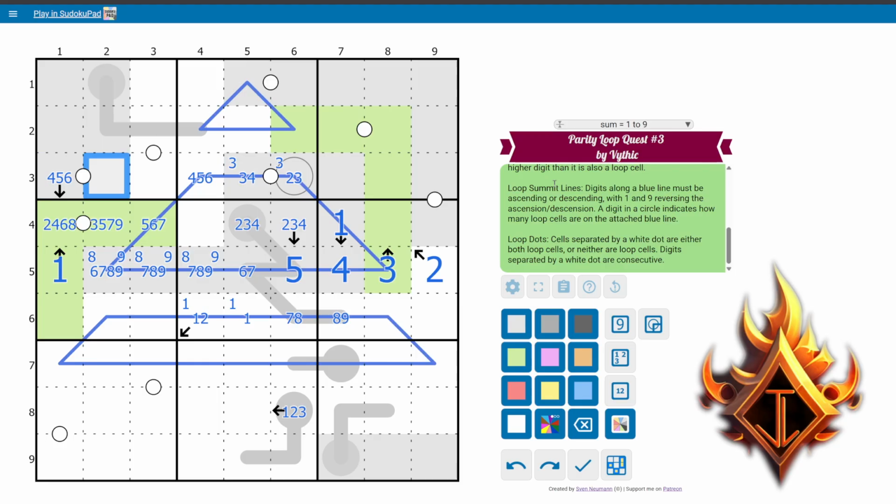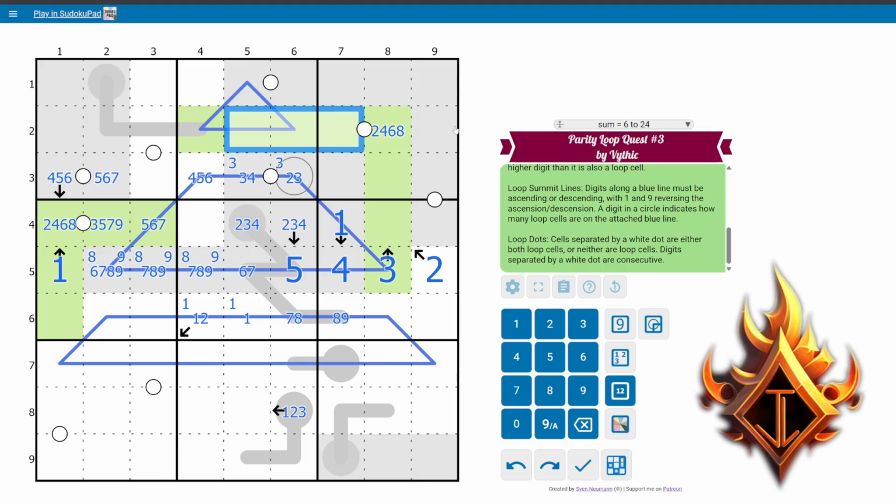So that one becomes 4, 5, 6. And this will be 5, 6, 7. Green is coming this way. We're having an even here. We're having at least that many odd.